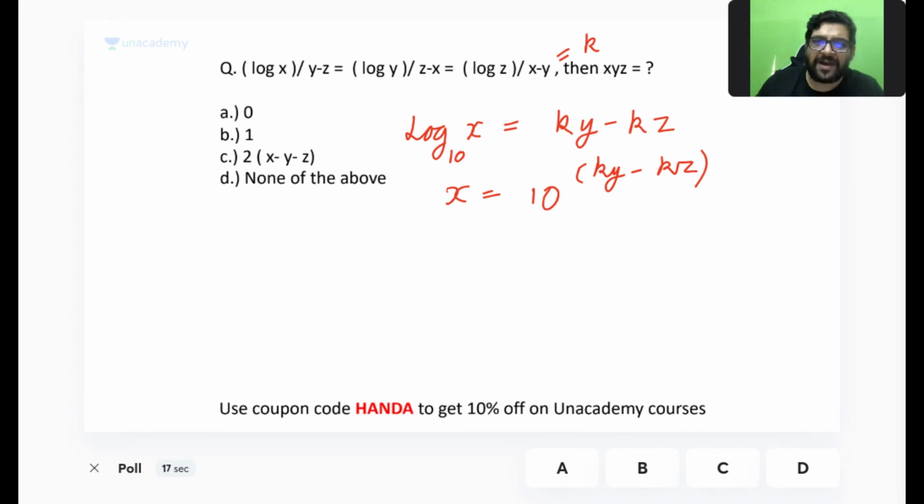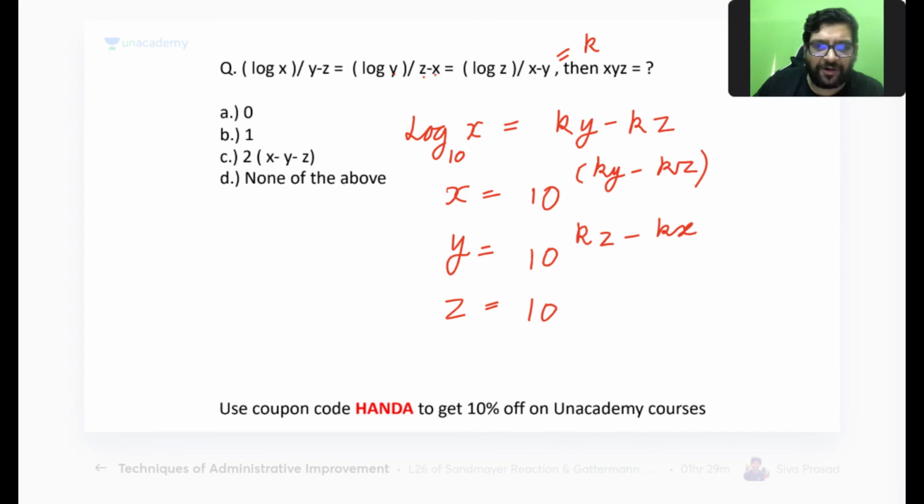But x is 10 to the power of (ky minus kz). Very similarly, y will be 10 to the power of (kz minus kx), and z will be 10 to the power of (kx minus ky).